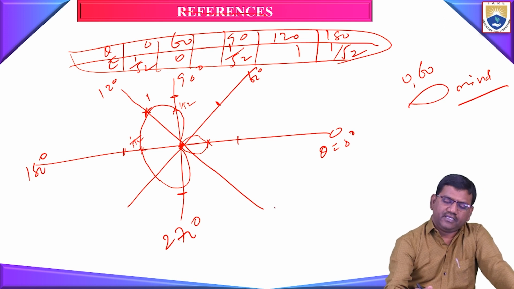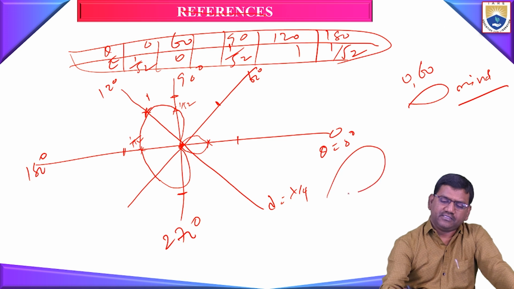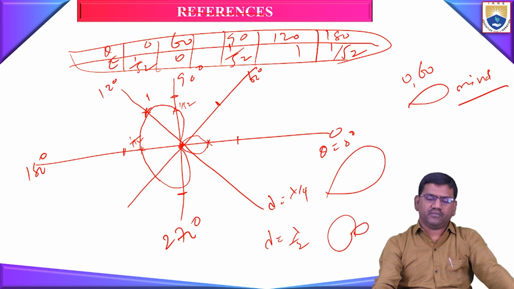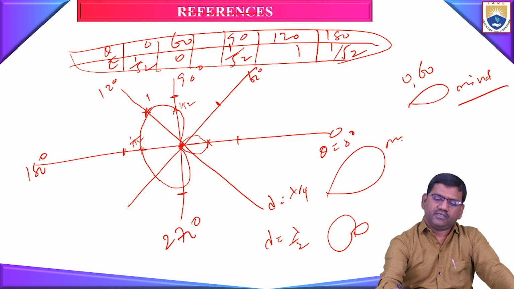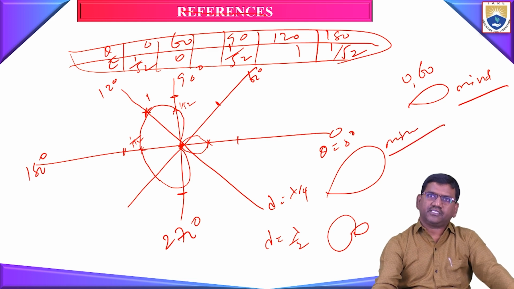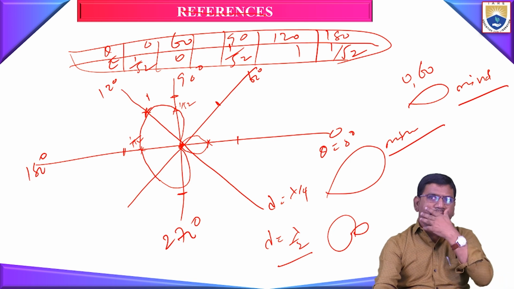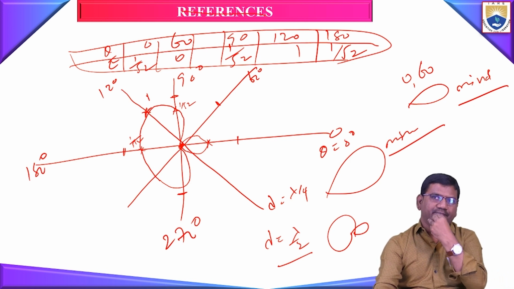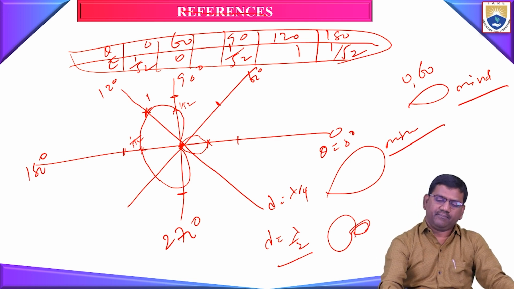So when we compare problem 1 and problem 2, when d is equal to lambda by 4, we are getting a radiation pattern like this. But when d is equal to lambda by 2, we got a radiation pattern with a minor lobe. So when d is equal to lambda by 4, the minor lobes do not exist. When the spacing between the elements is increased, we get the minor lobes.